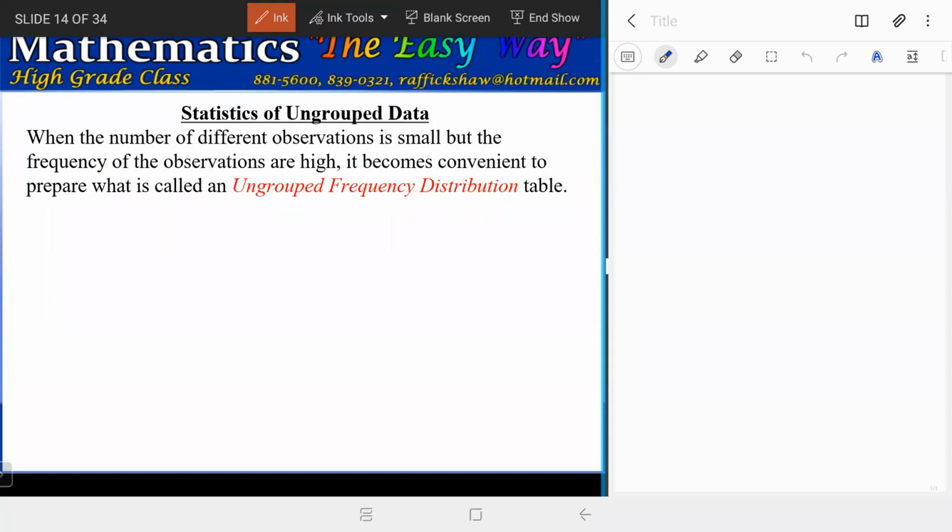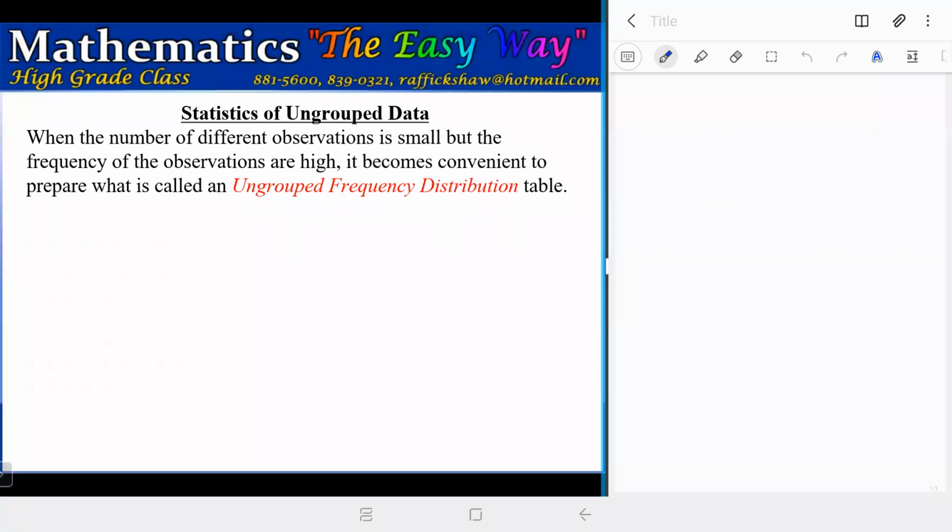So we put the data in a table, but we leave the values ungrouped. Why can we leave the values ungrouped? Because we are dealing with a small number of different values. But because you have a large frequency, you're not able to list them side by side.